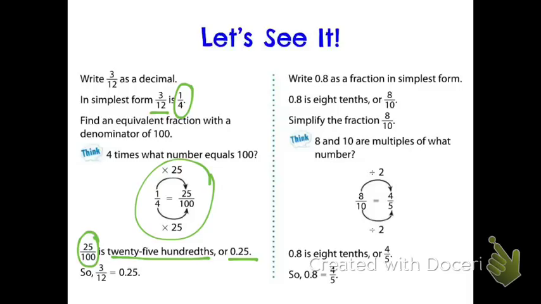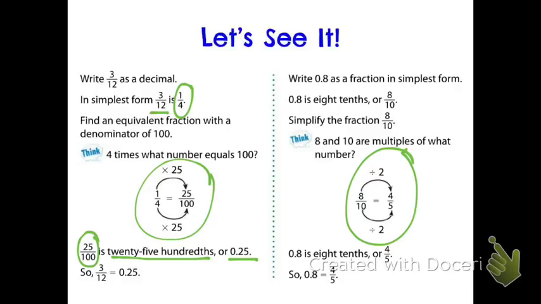Looking at the other part, it has 8/10 as a fraction in simplest form. Well, 8/10, if I'm listening to what I'm saying, I should be able to easily write it as a fraction. 8/10 would be an 8 over 10. But it wants me to simplify it. So I have to look at 8/10 and I simplify and make smaller fractions. Remember, if I simplify, I'm always dividing, but it has to be the same number that I divide on the top and the bottom.